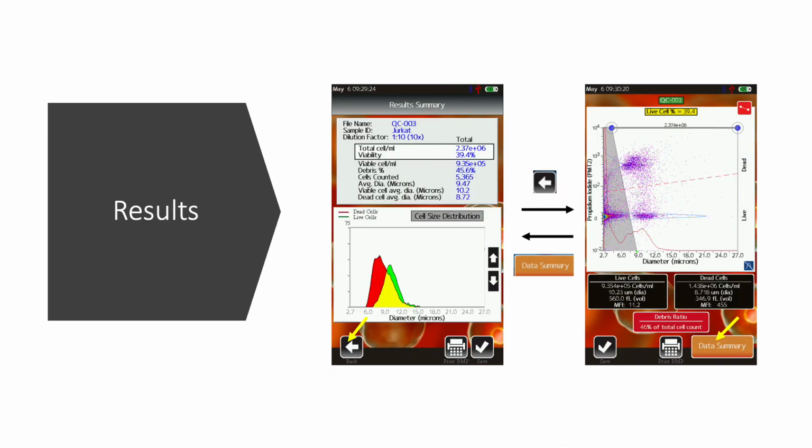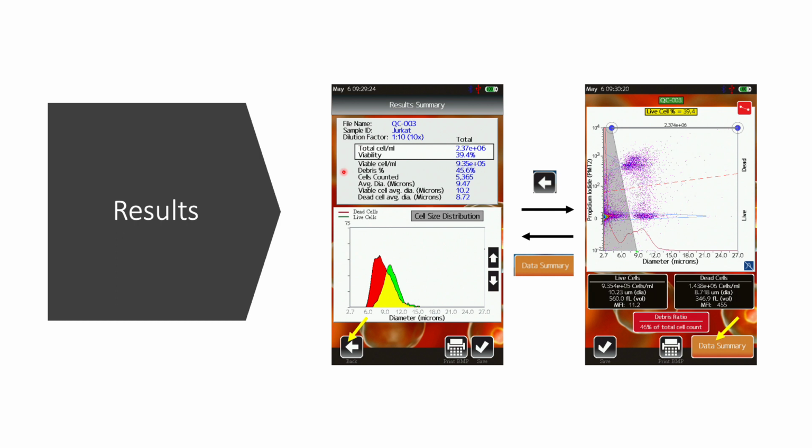Okay, so the machine runs quite fast, so this is the output that you'll get once your samples run. So you can see your data in one or two ways. So here on the left, you can see results from the cell counter, and you can see that we can identify the total number of cells, the percent viability, and the diameter of our cells.